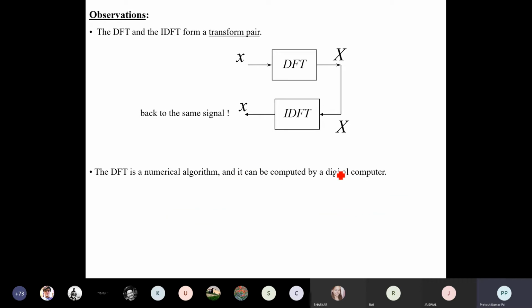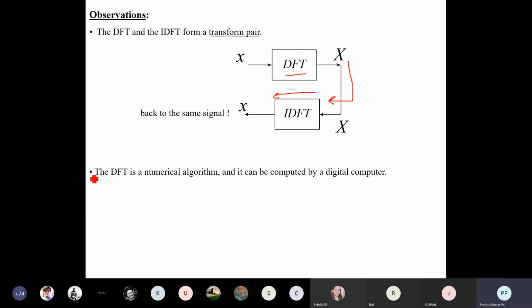So how we can calculate the IDFT and DFT. So this is an observation: if we have a function x of n, we will calculate its DFT. After calculating the DFT, we can directly take its IDFT and it will again be converted into the same function, the discrete time sequence that we had taken initially.